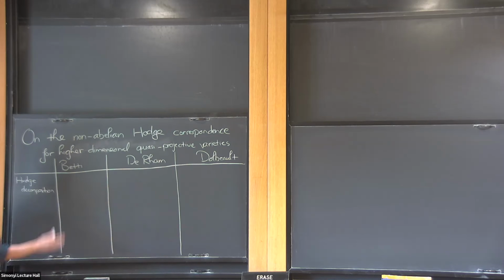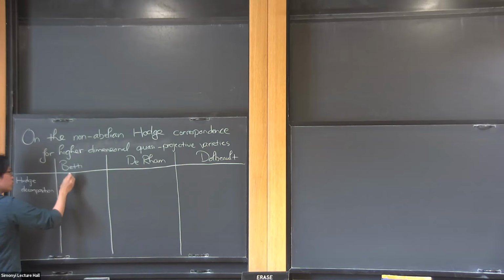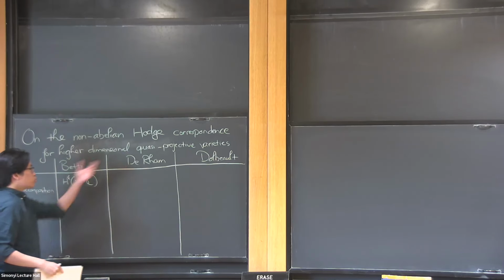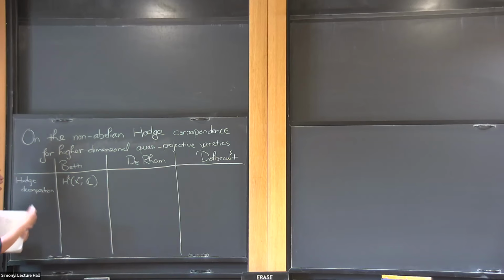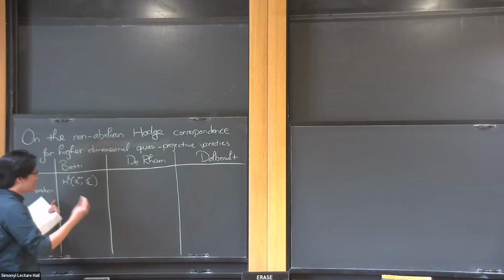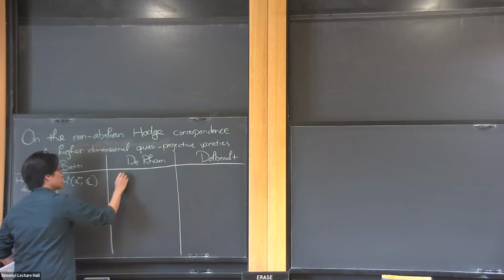So you have the topological point of view. So let's look at the classical Hodge decomposition on a projective variety X. You have the singular homology with C coefficients. And on the algebraic side, you have the algebraic de Rham complex, and you can take the hypercohomology of that.